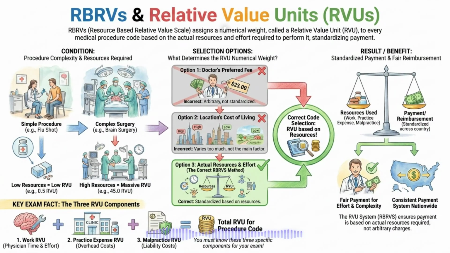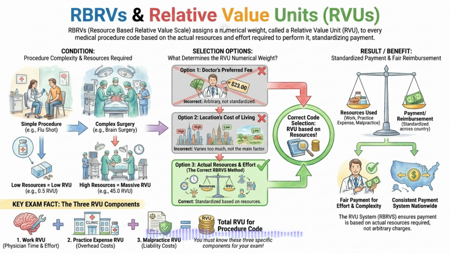A simple procedure will have a low relative value unit, while a highly complex surgery will have a massive relative value unit. The genius of this system is that it standardizes payment across the country by measuring the actual resources required to perform a task, rather than just letting doctors charge whatever they want.